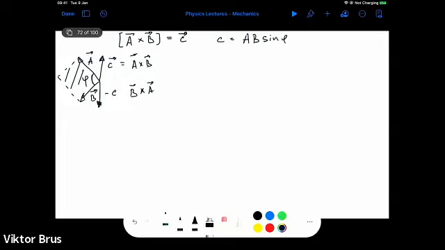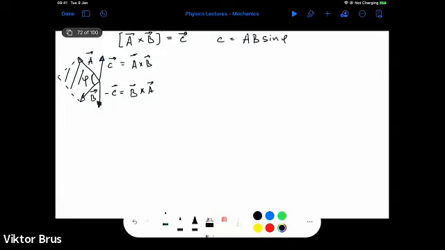It will be minus C. So this is the feature of the cross product. If we change the order of vectors we multiply, the resultant vector will be the same in magnitude, but in the opposite direction.